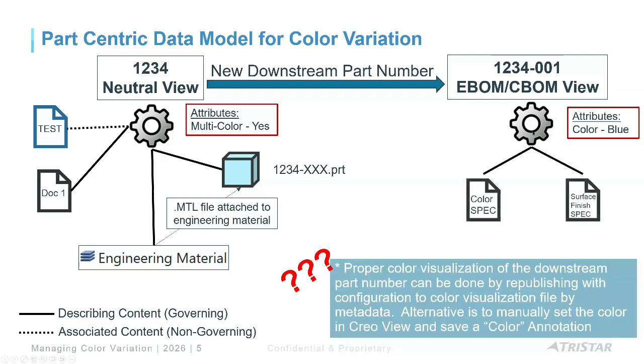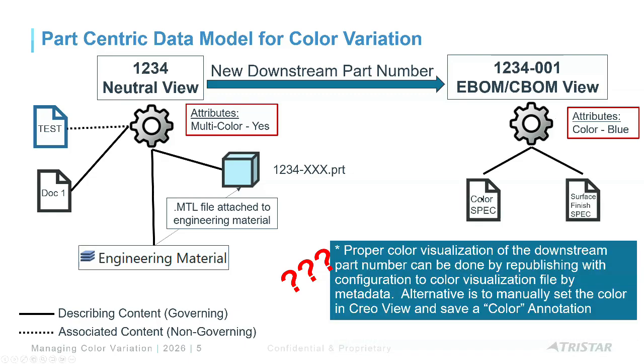Typically, the specs, like the documentation on the color spec or the surface finish spec, material spec, are going to be tied to the color variation version, not on the original version.